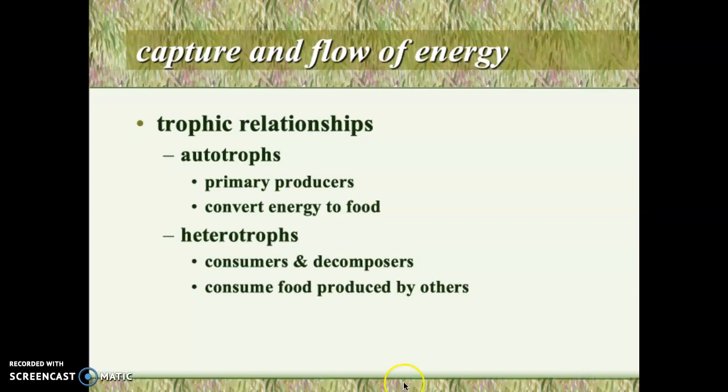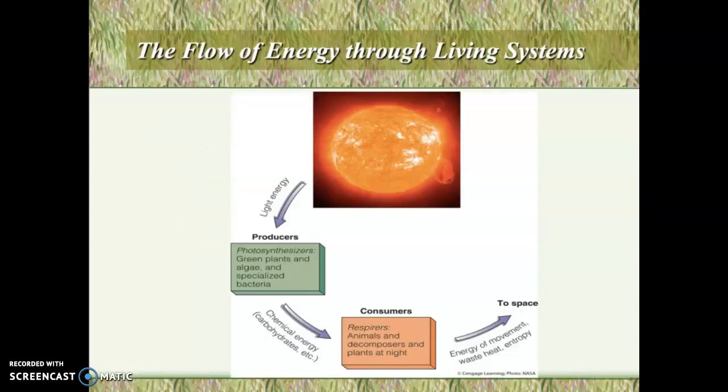And then the heterotrophs are the consumers and the decomposers. The consumers and decomposers rely on the autotrophs to capture and store energy. So that's how we consume our food. It has to be produced by other organisms. And so this is kind of the flow of energy through the system.